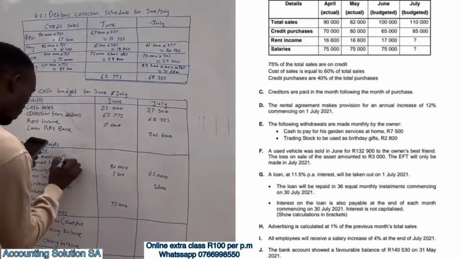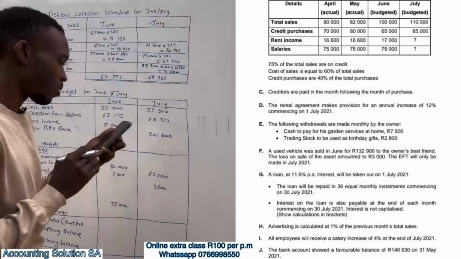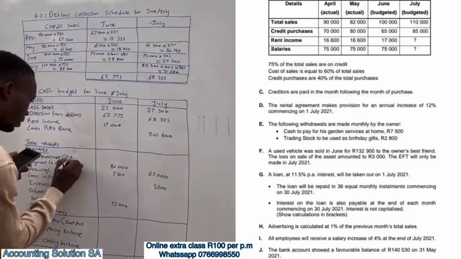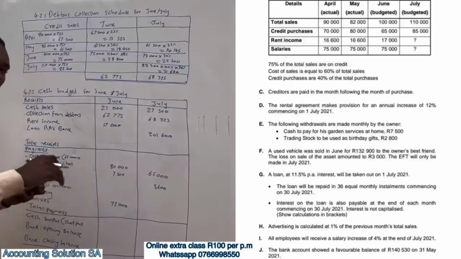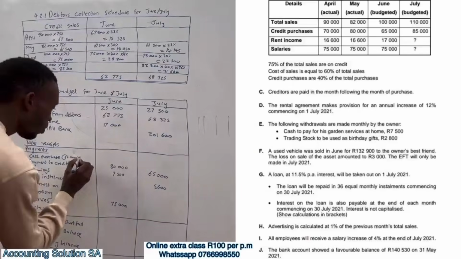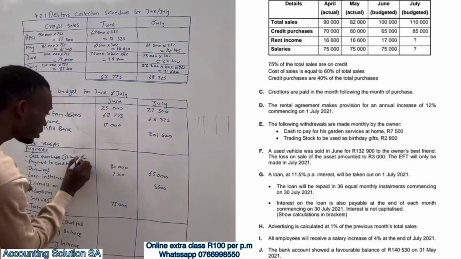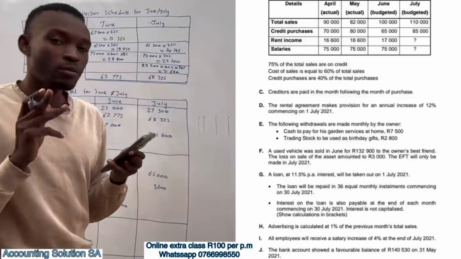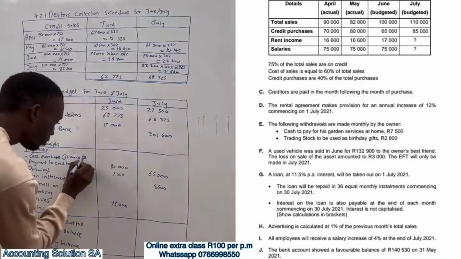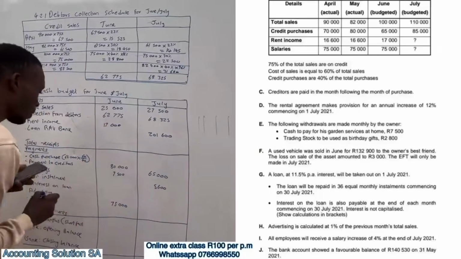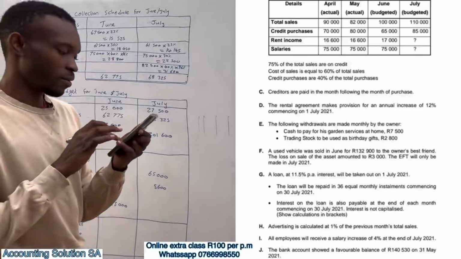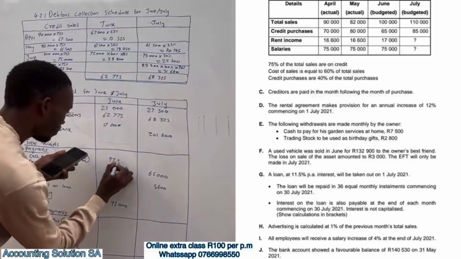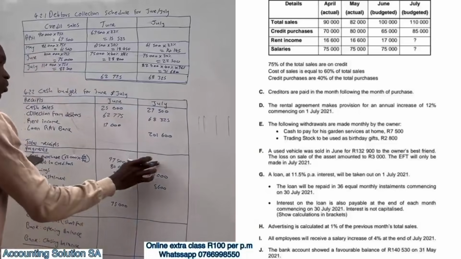For June, we take the June amount, which was 65,000, which we multiply by what we want on top. We want cash purchase, which is 60%, and what we have is not 100%. We have a credit purchase, which is 40%. We divide by 40%, which is going to give us the amount of 97,500.